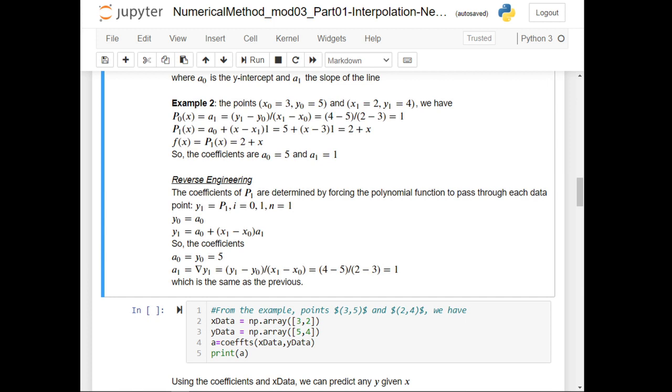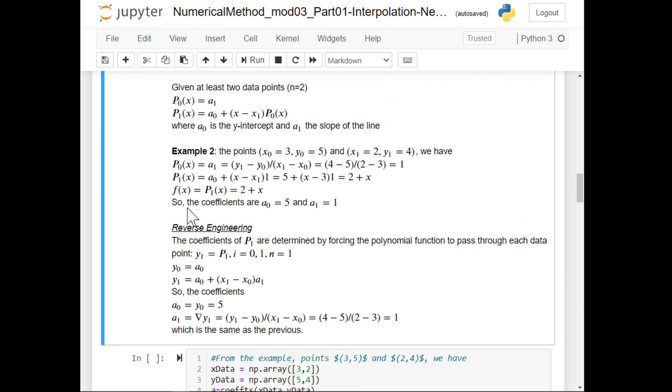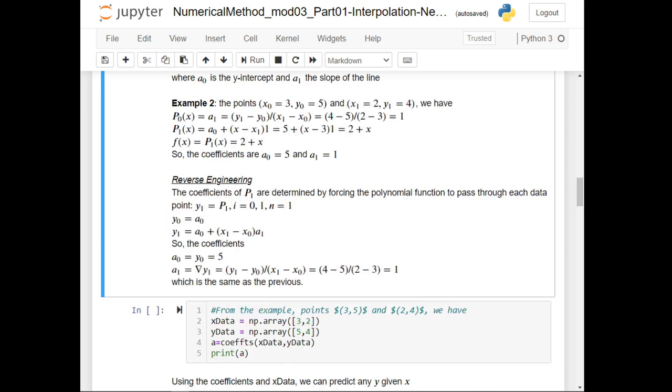Okay, so we are forcing the polynomial function to pass through each data point. So we have 2 data points here. First, you assign y of 0 with a of 0. So basically we have 5, from the first point, y of 0, this is equal to 5.